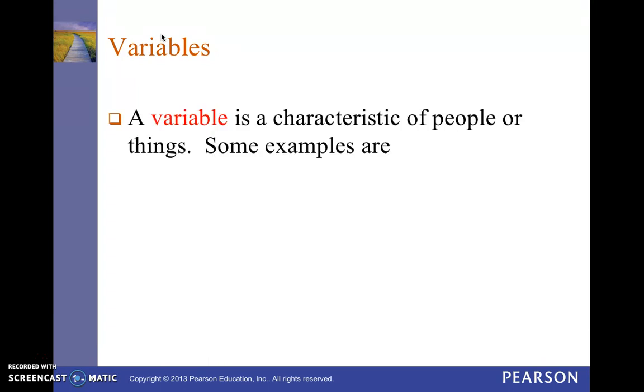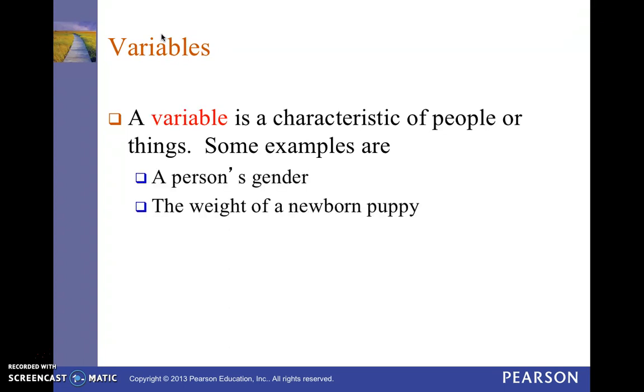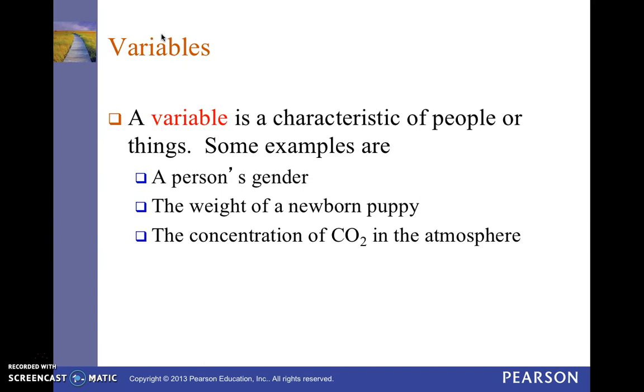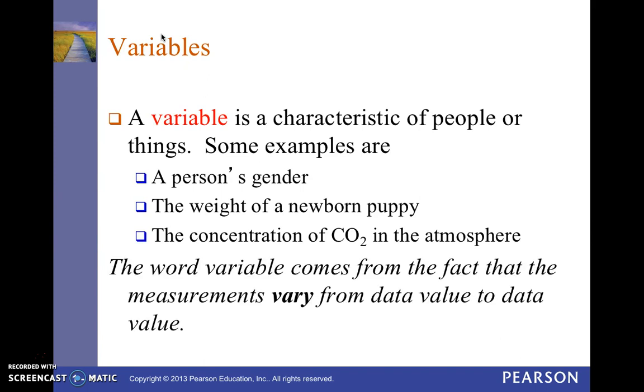Another concept that you're introduced to in this chapter is the idea of variables. A variable is a characteristic of people or things. Some examples would be a person's gender, the weight of a newborn puppy, or the concentration of CO2 in the atmosphere. The word variable comes from the fact that the measurements vary from data value to data value.